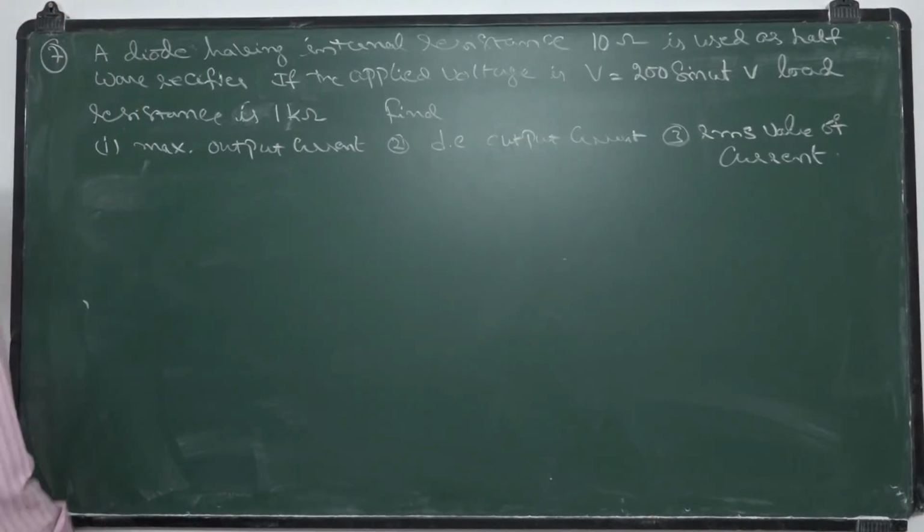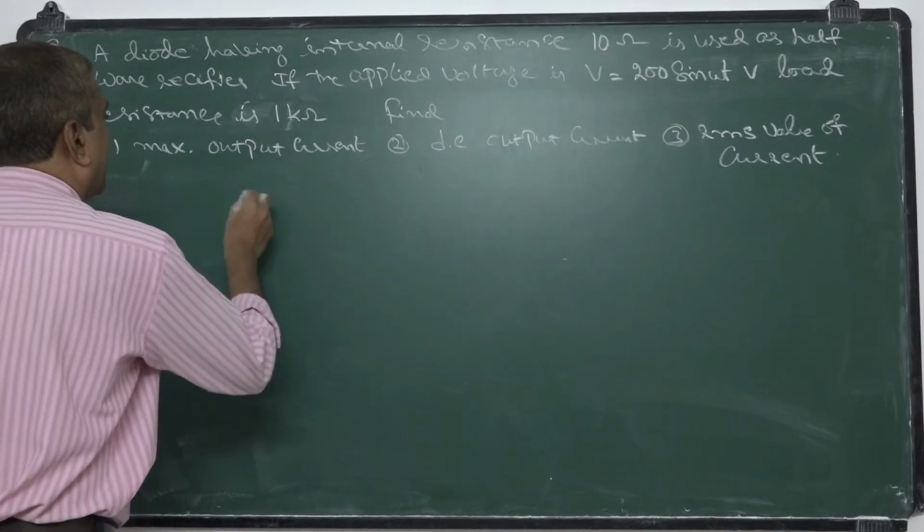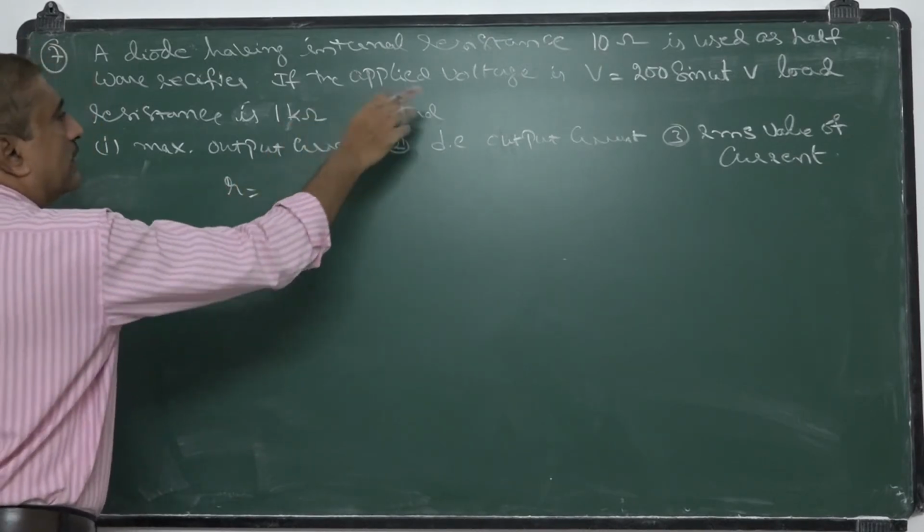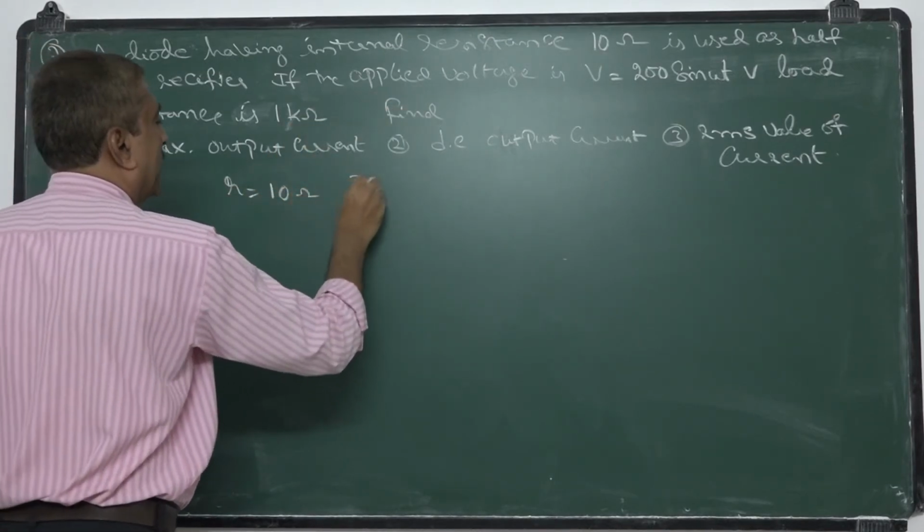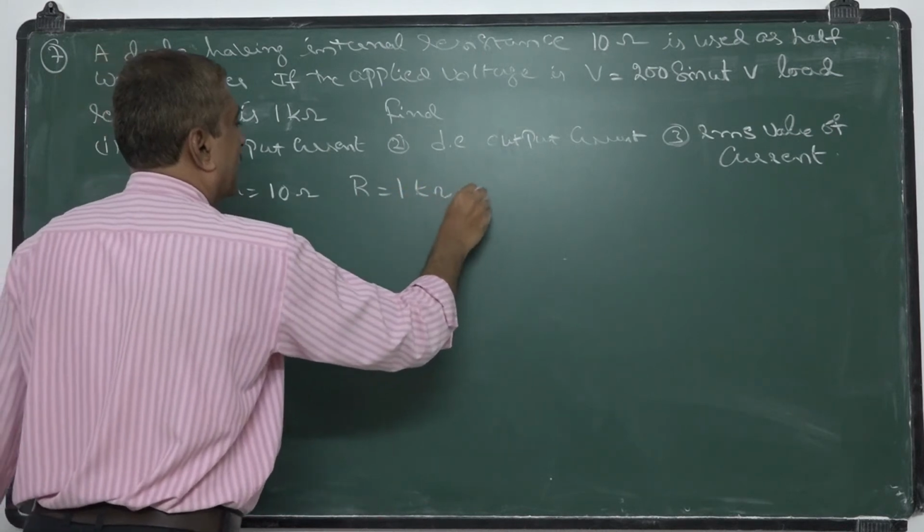Now the same one is similar to the similar one. So here small r is 10 ohm, capital R is 1 kilo ohm, that is 1000 ohm.